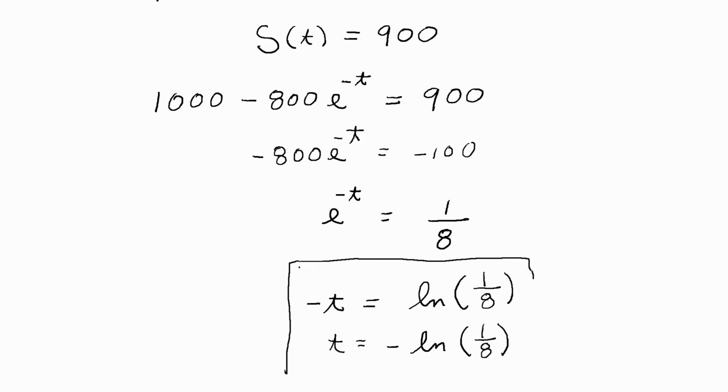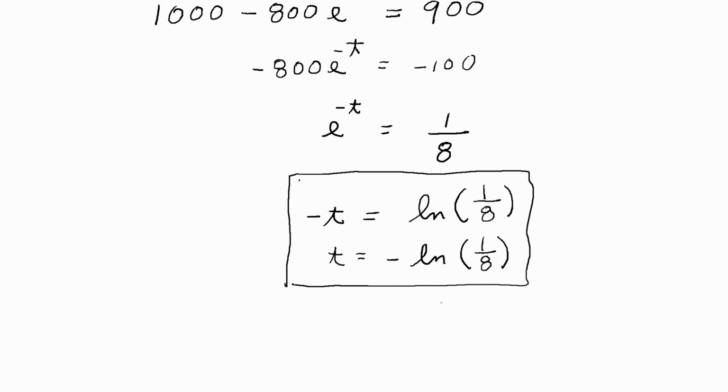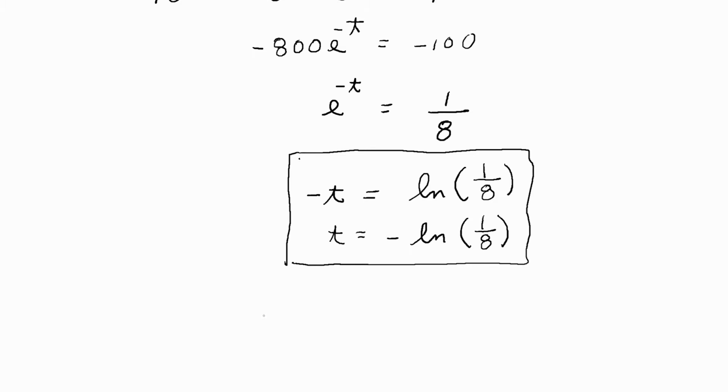Rather than taking the natural logarithm, I'm going to take the logarithm of both sides. I recommend that you use the natural log whenever you're dealing with e to the t. But if I take the logarithm of e to the minus t, it's still equal to the logarithm of 1/8.